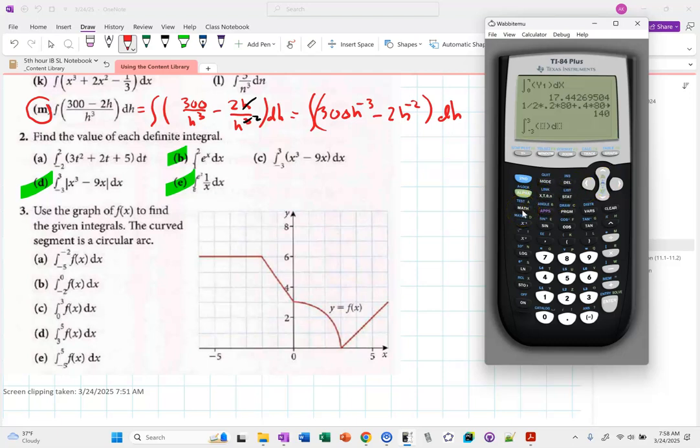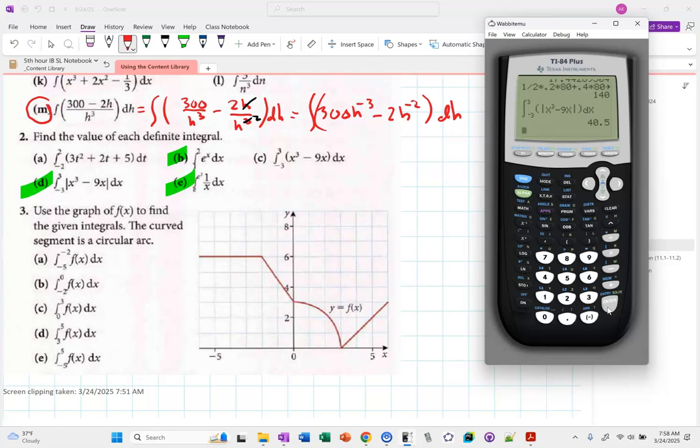To get the absolute value, I'm going to press math and go over to the number tab and then pick ABS for absolute value. And I'll just type in my function just like it looks on my sheet of paper. Add in the x for my dx and press enter. And there's my answer. Bada boom! Sound good there?